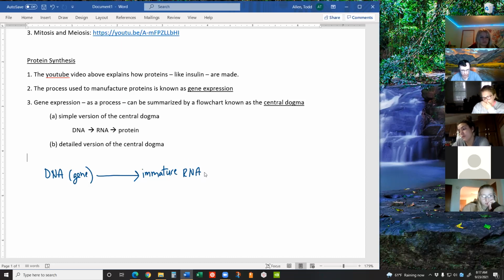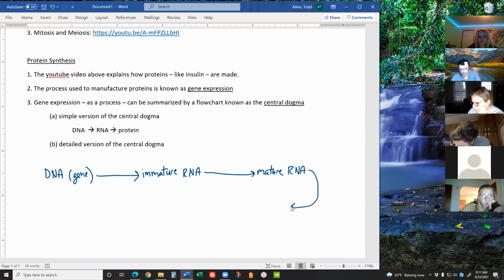So we're going to go from immature RNA to mature RNA. The mature RNA is going to be exported out of the nucleus.